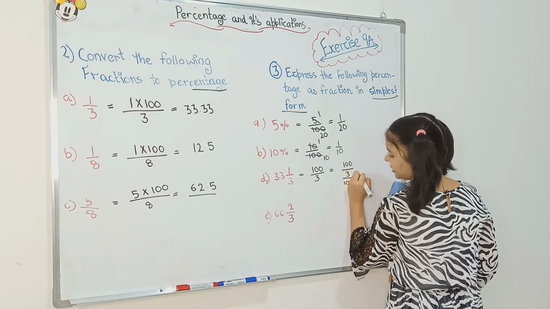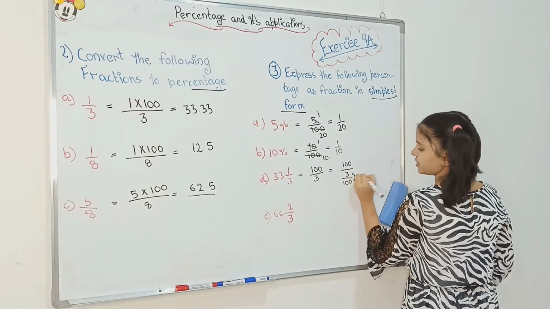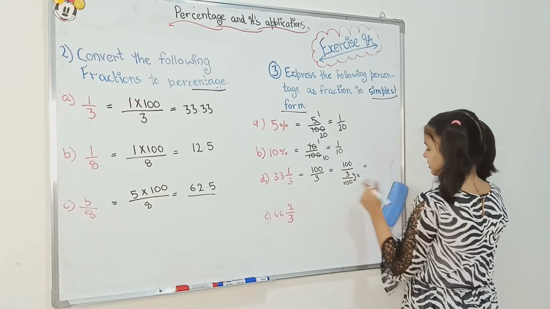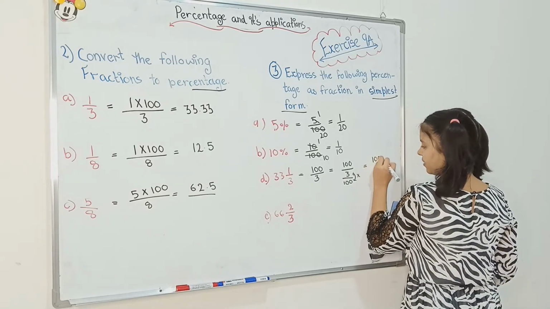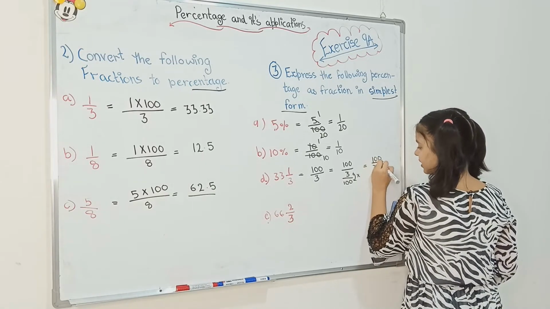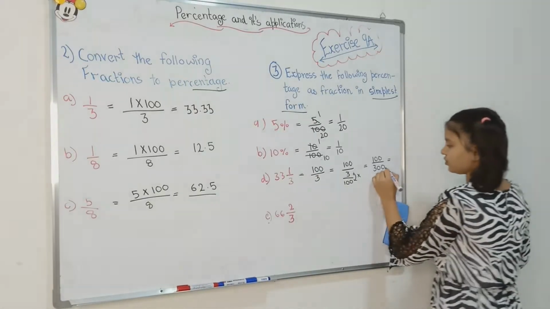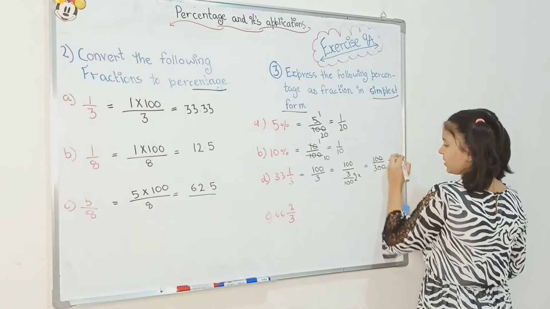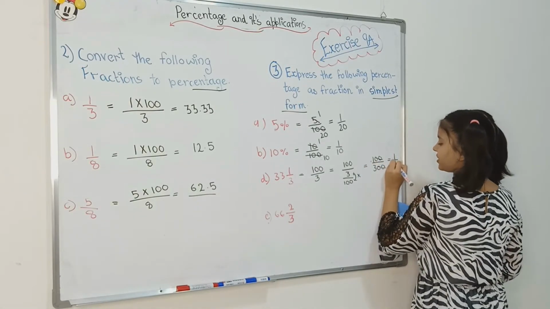And then we have to multiply these two. 3 by 100 we have to multiply. So then we'll get our answer as 100 by 300. And now we got the fraction, we have to bring them in the lowest form. So we'll cut the zeros, then 1 by 3. So lowest form of 100 by 300 is 1 by 3.